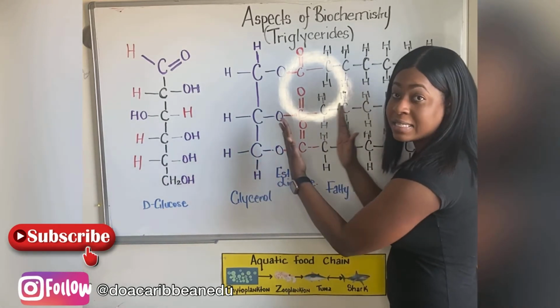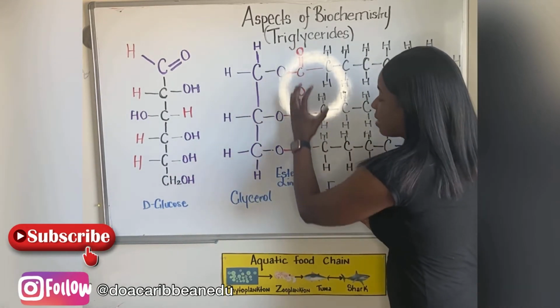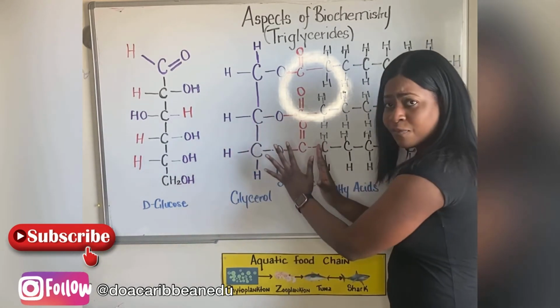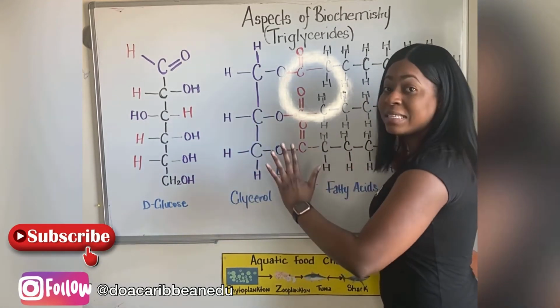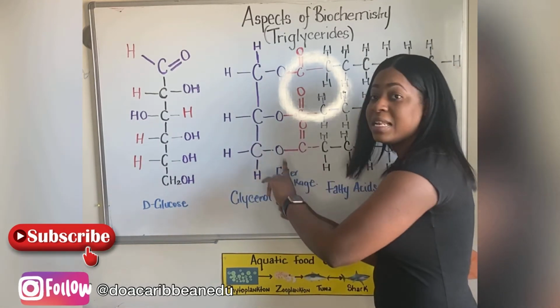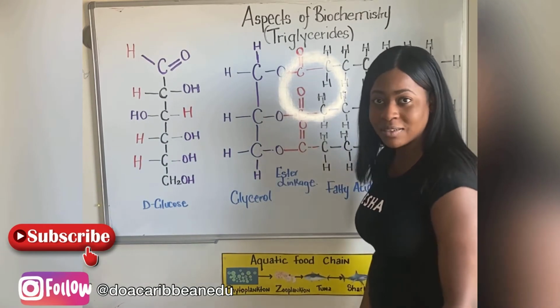How are they connected? By an ester linkage. How is this triglyceride formed? From the condensation reaction between the glycerol and the fatty acids with the liberation of water.